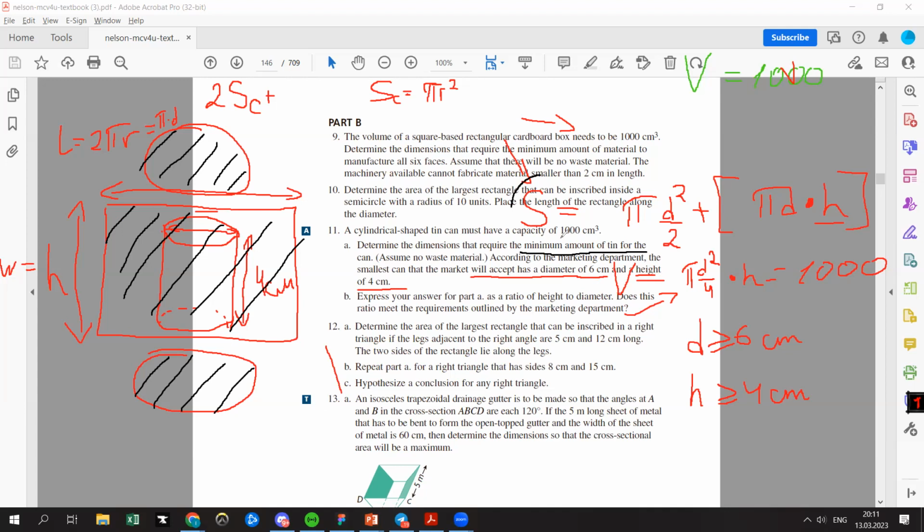So find the minimum of this function with these variables. And make sure that with those values of the variables, you are satisfying this equation that your volume is 1000.